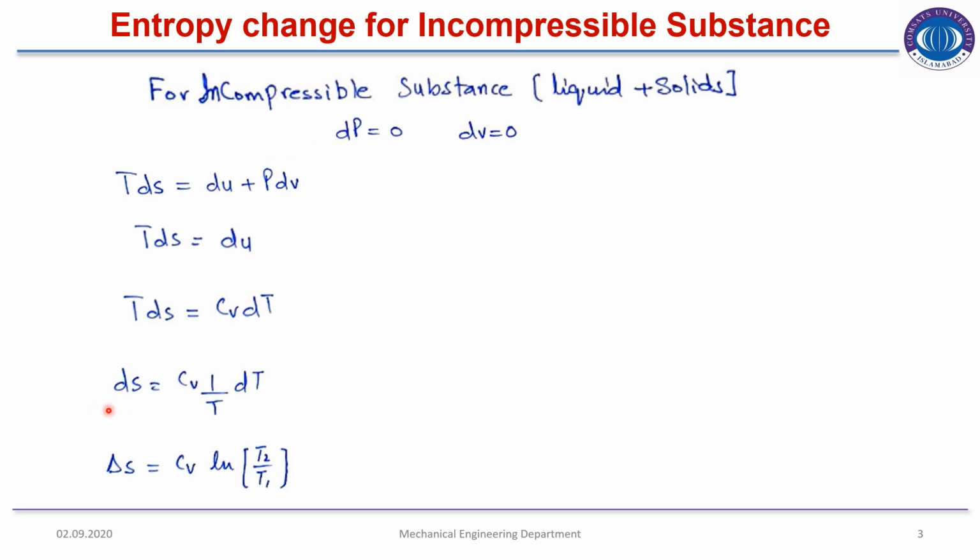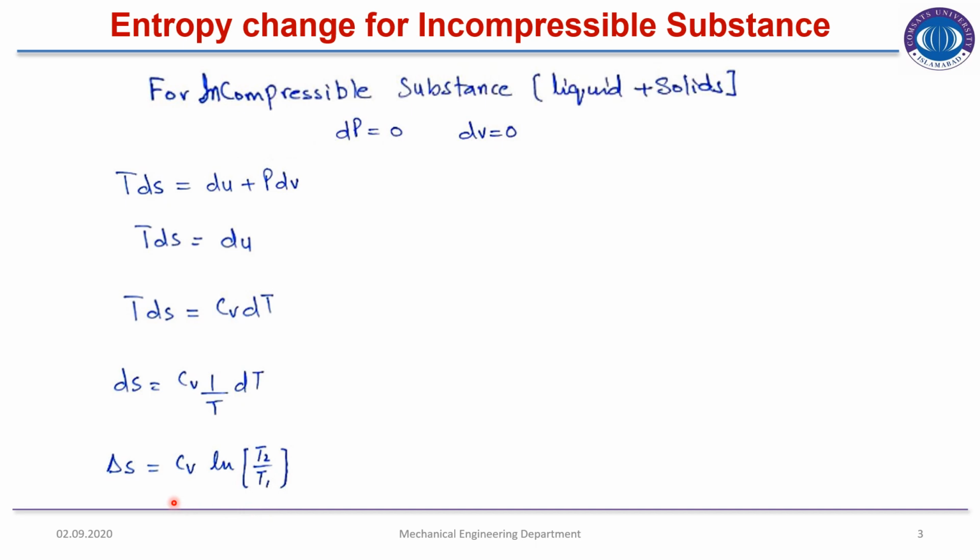Here we have integrated both sides with limits 1 to 2. Cv is constant, so the integration of 1 by T dT is natural log of T with lower and upper limits of 1 and 2. When we insert the upper and lower limits, the answer is natural log T2 minus natural log T1. Then we utilize the property of natural log, that when two terms are in subtraction, for example natural log a minus natural log b, we can write natural log a over b.